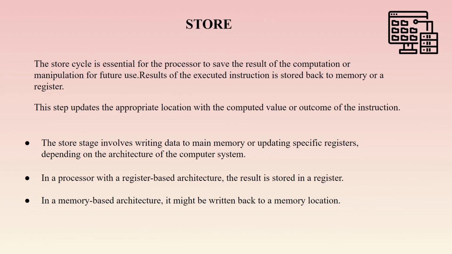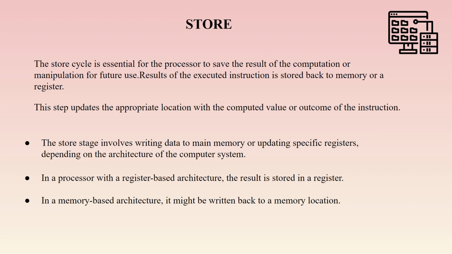Now comes the storage of the data in the instruction execution cycle. The store cycle is essential for the processor to save the result of the computation or manipulation for future use. The result of the executed instruction is stored back to memory or a register. This step updates the appropriate location with the computed value or outcome of the instruction.